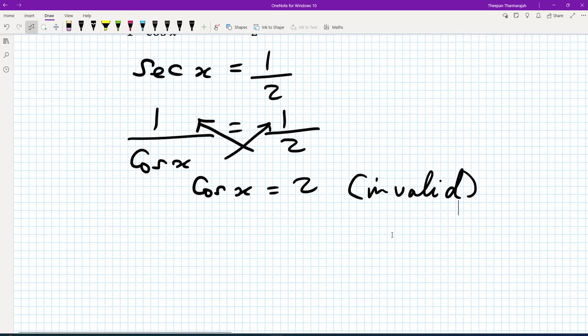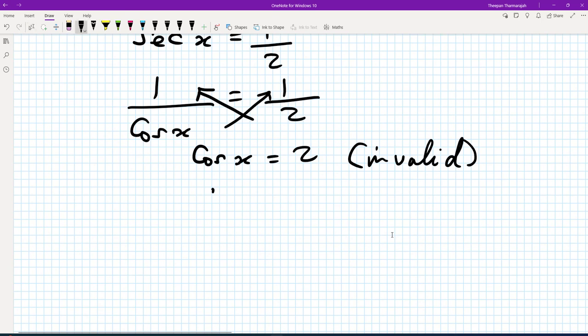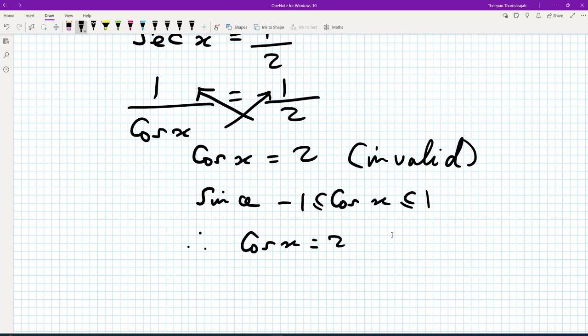So we can say, since cos x is only valid between minus 1 and 1, therefore this has no solutions. Therefore cos x equals 2 has no solutions.